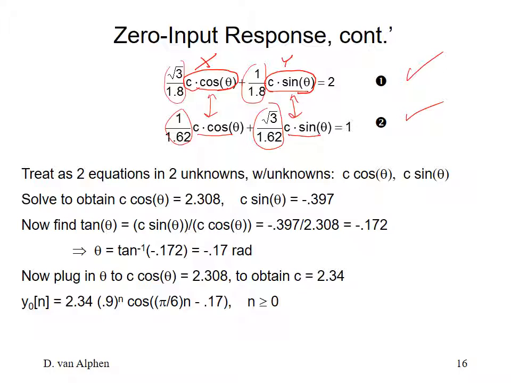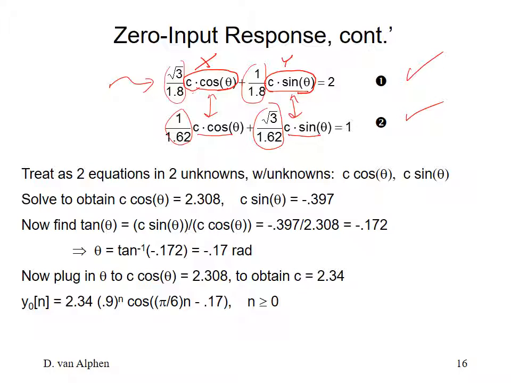The reason being that if I just look at that equation in c and theta, it's not a linear algebraic equation. But if I change c cosine theta to x and c sine theta to y, then I do have a linear algebraic equation. X and y are algebra variables, right?